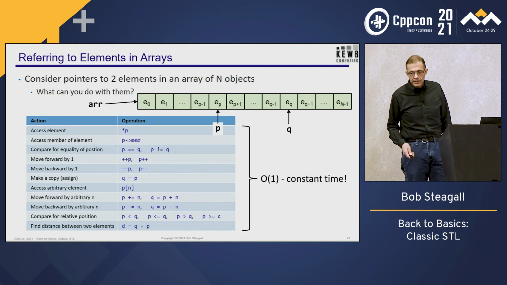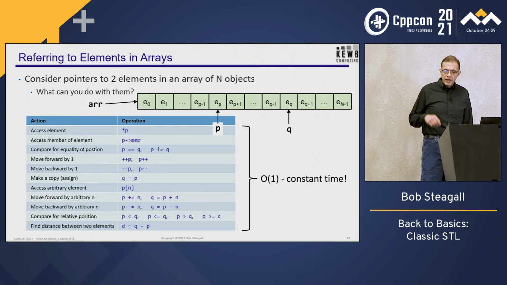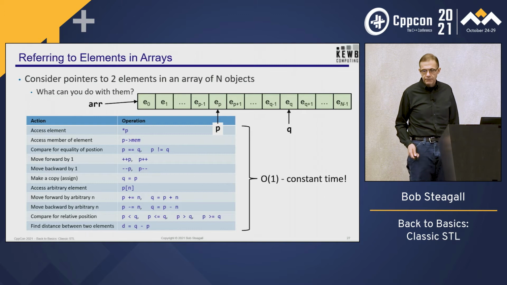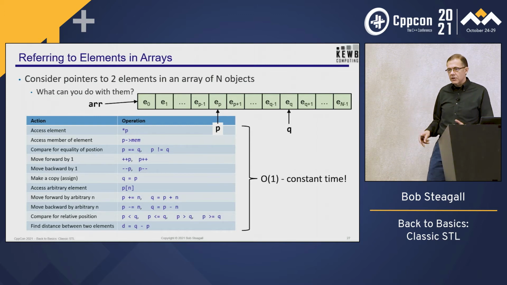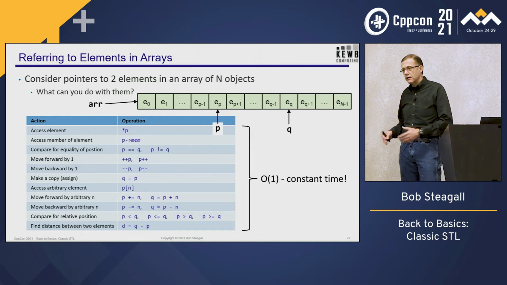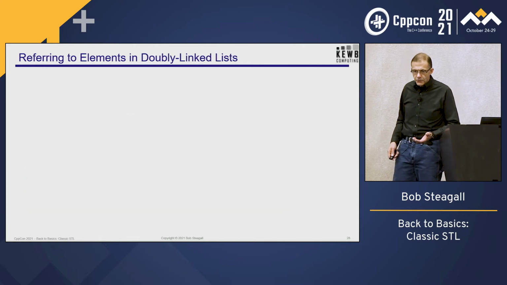And the interesting thing is that all of these operations have constant time complexity. They're all order 1 operations. So this is interesting. This is a concrete example of a kind of iteration.